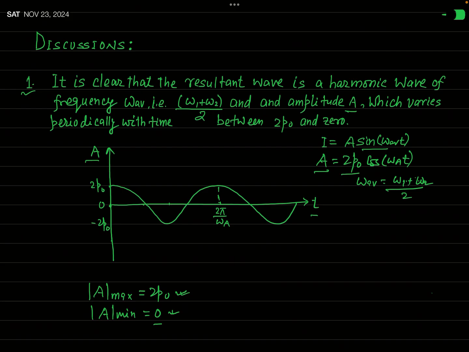But if the amplitudes of the two waves are not equal, say p naught 1 and p naught 2, then in that condition the maximum value of amplitude will be equal to p naught 1 plus p naught 2, and the minimum value of amplitude, mod of A minimum, will be equal to the difference of p naught 1 and p naught 2. But if p naught 1 and p naught 2 are equal, then that will be equal to 0. So the amplitude of the resultant wave is not constant, but it varies in a periodic manner with time between these two limits, 2p naught and 0.